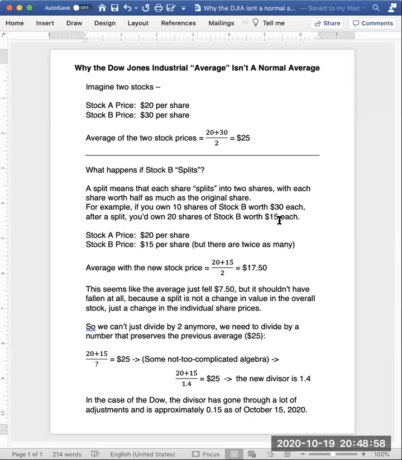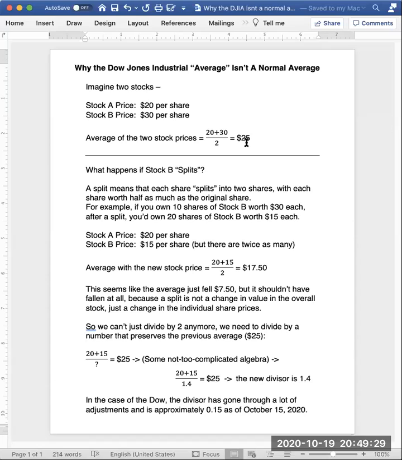The problem is if you just look at an average of the $20 per share and now the new $15 per share, you do 20 plus 15 divided by 2, because there are two stocks, and suddenly our Catherine special industrial average is down to 17.50. Now, if you went from $25 for your average to 17.50, that's like losing between 25 and 33% of your value.